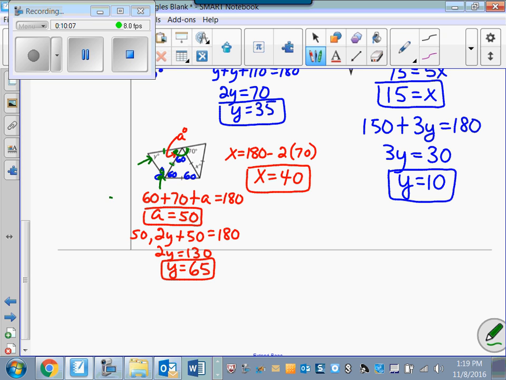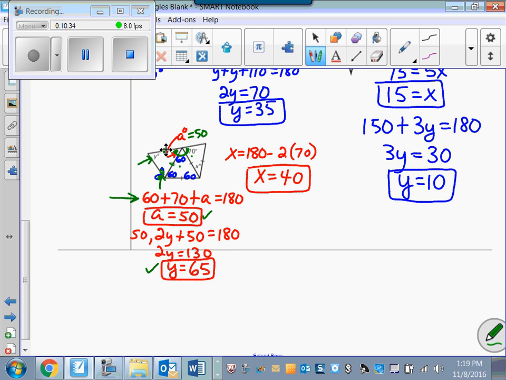So that's my equation I set up right here. 60 plus 70 plus A, I just called it angle A, is 180, and that led me to know that this angle right here is 50 degrees. And then, given that, I know that 50 plus 2y is 180 degrees by the triangle angle sum theorem, and so I solve for y and I get 65.